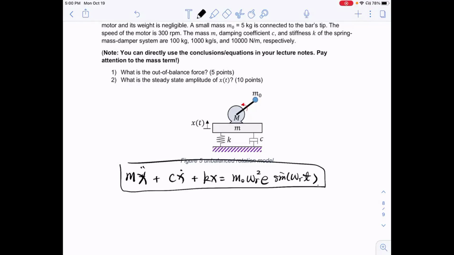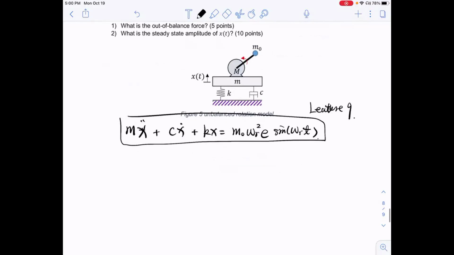I think it's lecture, which one? Yeah, that's lecture 9. So we need to find out the physical meaning of each term. The first M here is the total mass on the support.